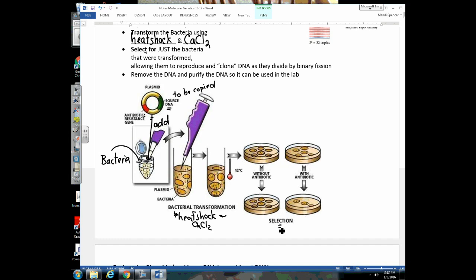If we grow them on a plate that has antibiotics on it, and the plasmid has a gene coding for antibiotic resistance, then they'll be able to survive. So we just selected for the transformed bacteria. And this plate would basically be our control plate to compare the other plate to.